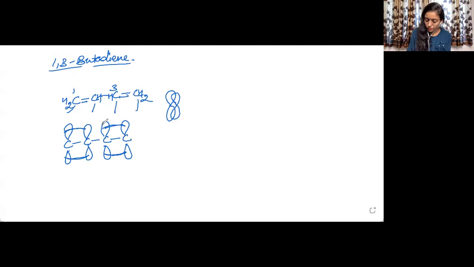Now, these 2 orbitals, this one and this one, are also at the same distance as these 2 and these 2 orbitals. This means they can also overlap with each other. So we can show the overlapping of these 2 orbitals.